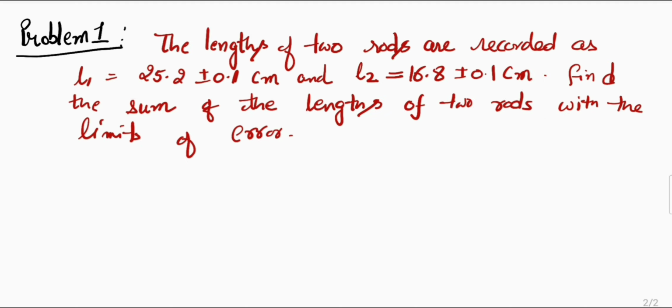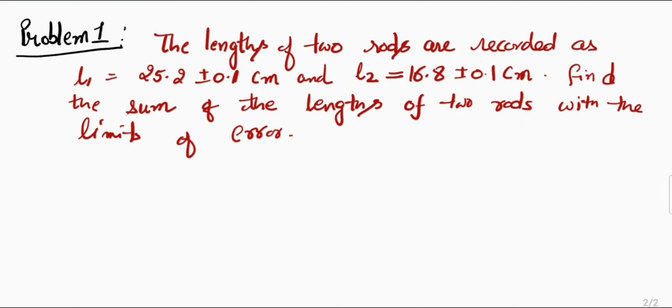So the first problem: the lengths of two rods are recorded as L1 is equal to 25.2 plus minus 0.1 centimeter and L2 is equal to 16.8 plus minus 0.1 centimeter. Find the sum of lengths of the two rods with the limit of error. So let's see how we solve this.